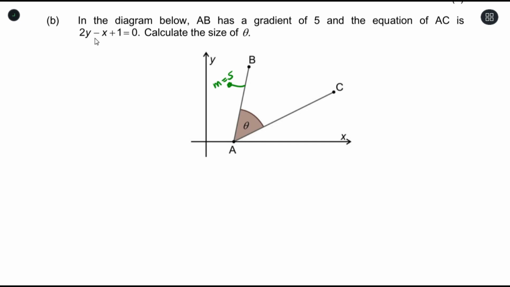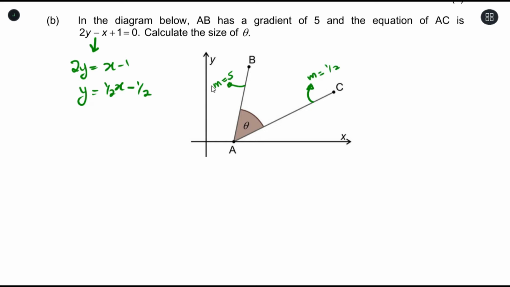Now, it's best we rewrite this in the default form of a straight line, which would actually look like this. 2y is equals to x minus 1, so y is equals to 1/2 x minus 1/2. Okay, so we would also say that the gradient of this here would be m is equals to 1/2.